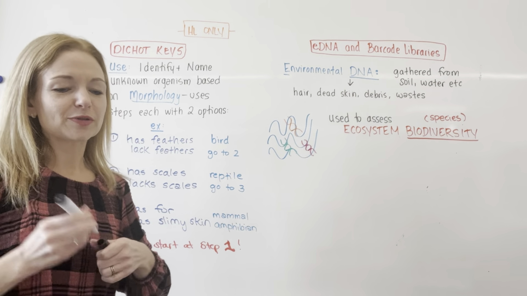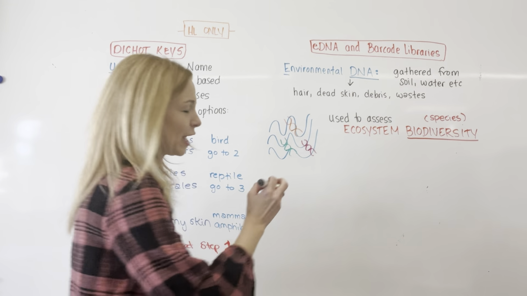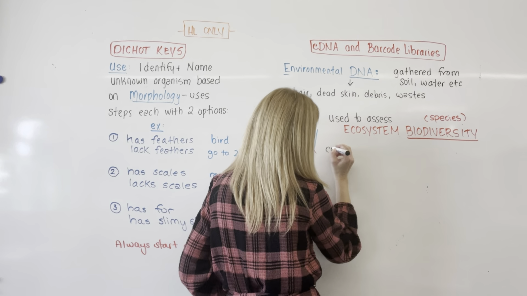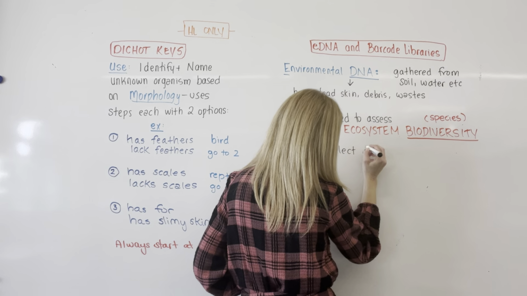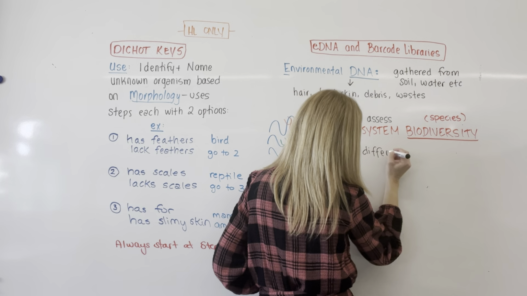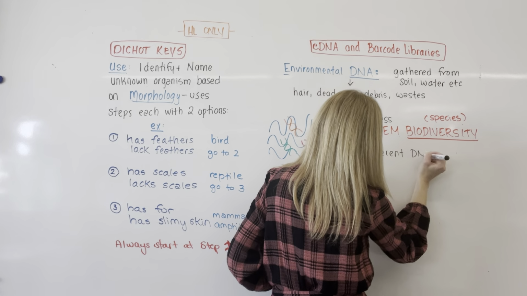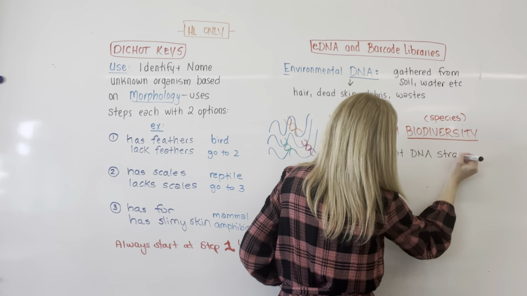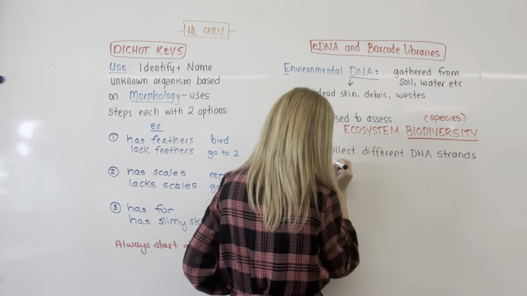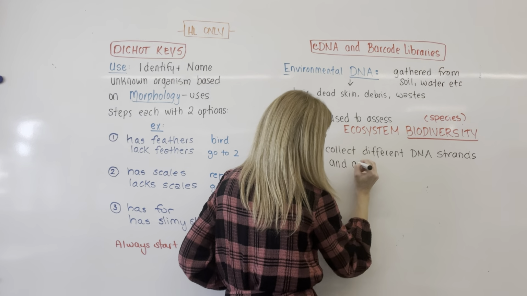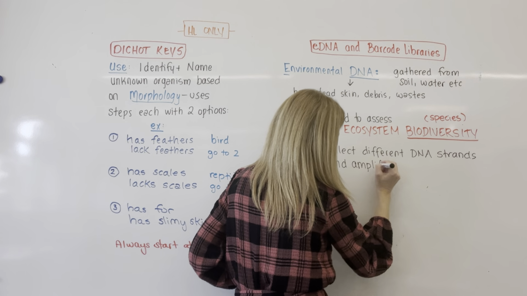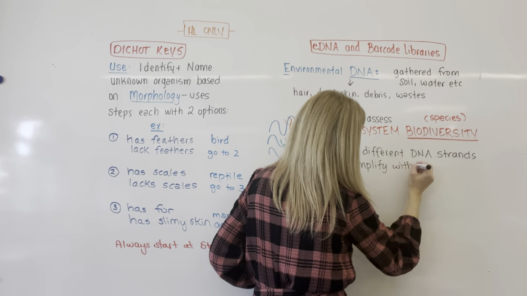So what we're going to do is collect the DNA and amplify it with PCR, because we're not going to have a lot of it. So we're going to make lots of copies with PCR.